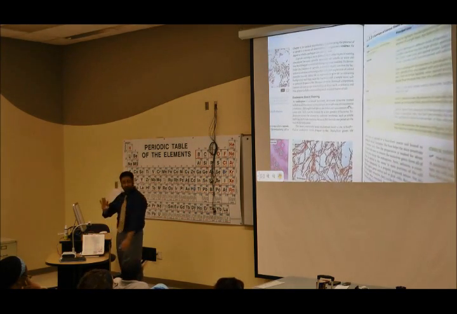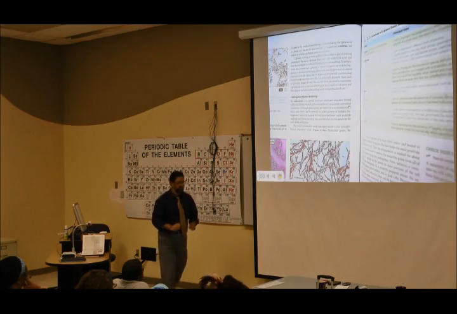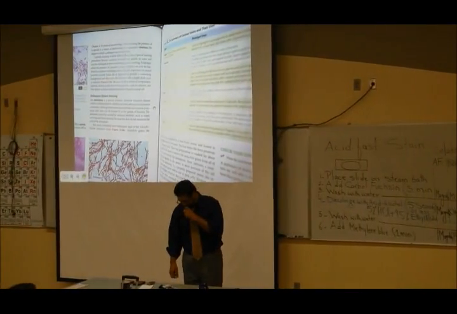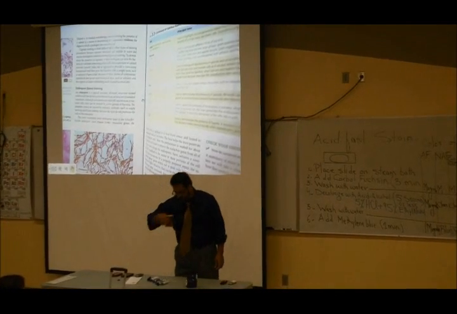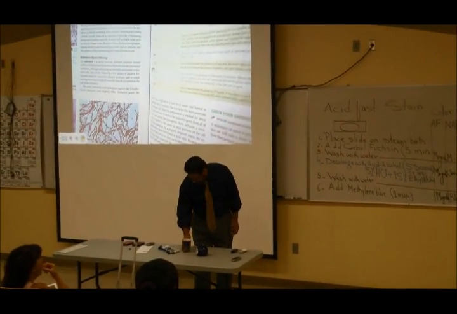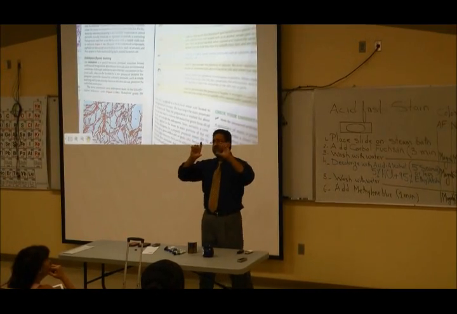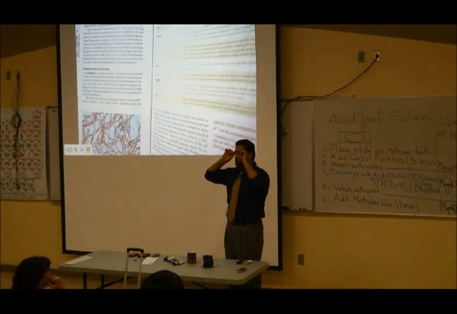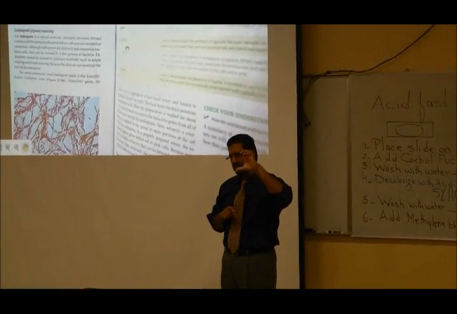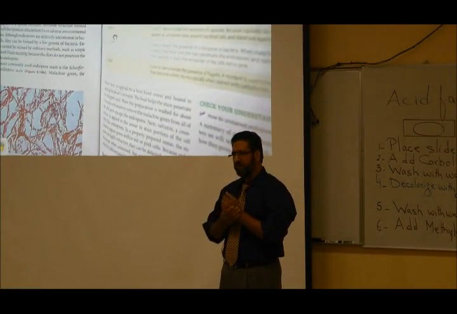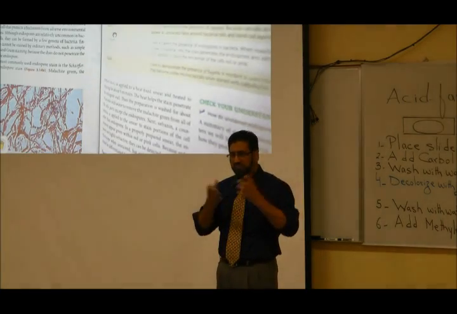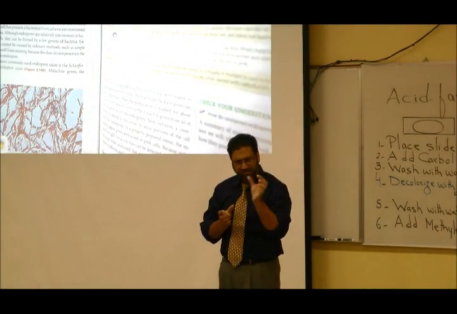Last topic. Oh, before I talk about the last topic, I'm going to make one change here and then ask you this question. Decolorizing bottles, both the acid fast decolorizing bottle and the gram stain decolorizing bottle, the ethyl alcohol bottle, look identical.